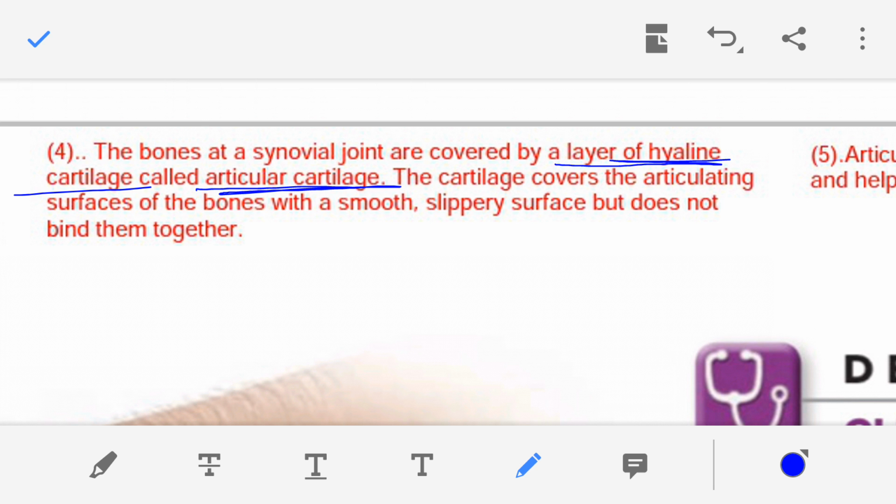Now what is this cartilage doing? It covers the articulating surface of the bone, and due to this articular cartilage the bones do not bind together, so the bones remain apart due to the presence of articular cartilage.